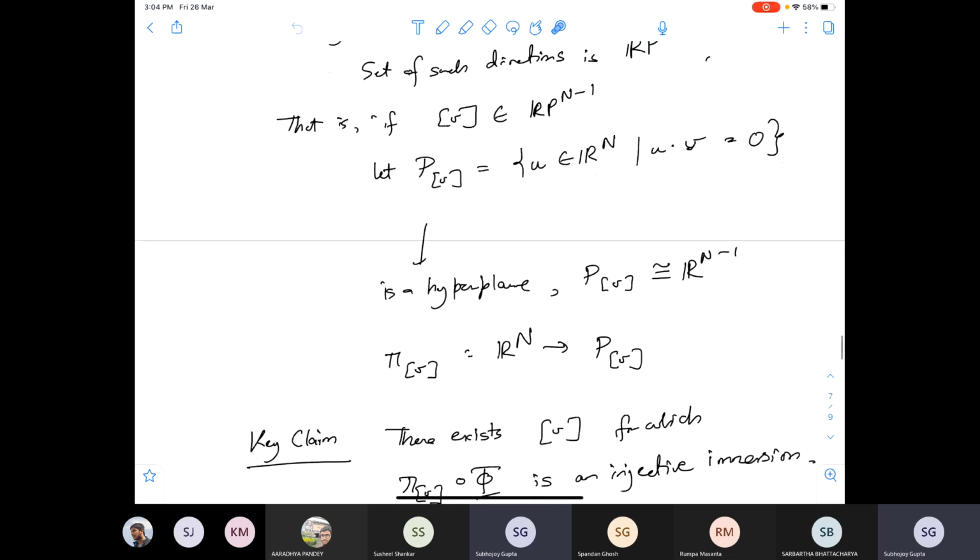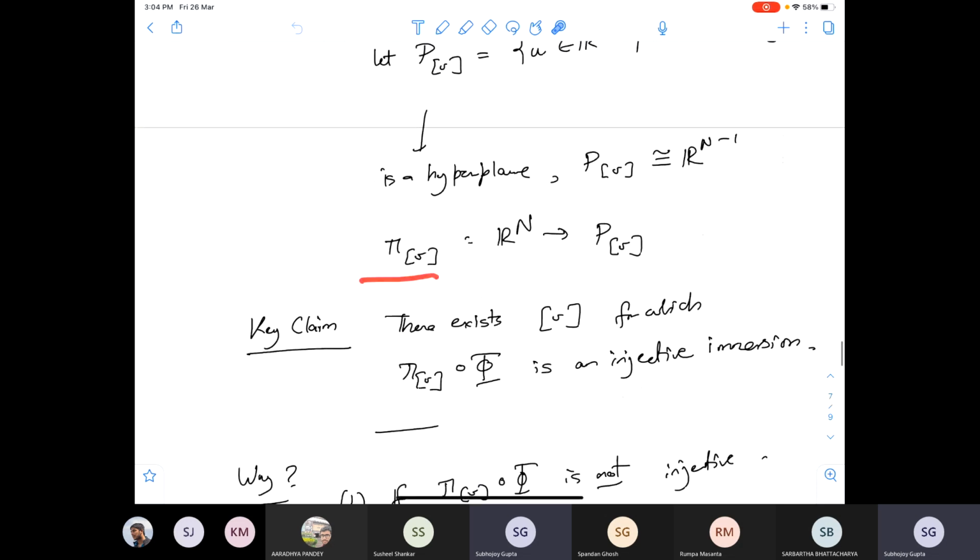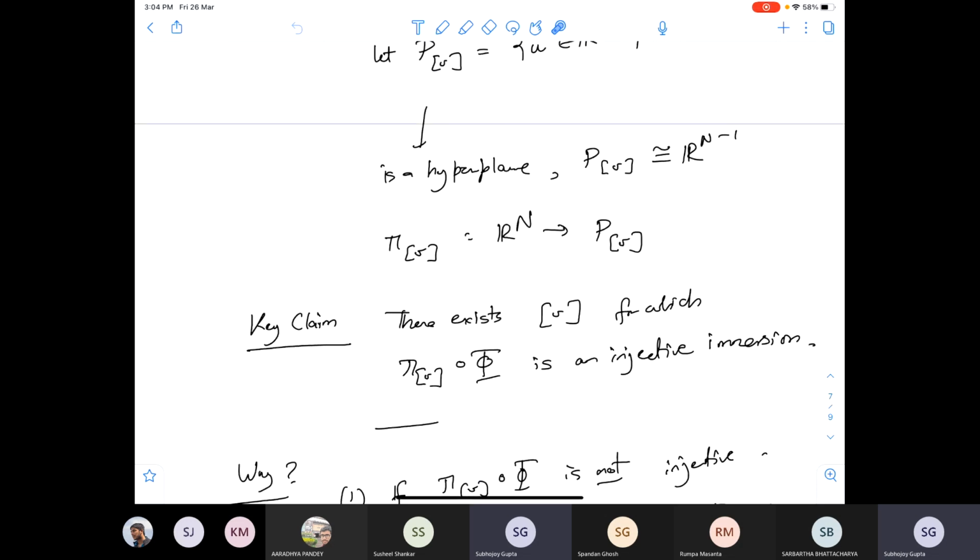And so this is the projection. The point is that you can choose a direction and a hyperplane so that this post-composition of the projection is still an injective immersion. And once you have that, then you've got a new injective immersion to something which is one dimension less, because this hyperplane is R^(n-1). So this was the idea.